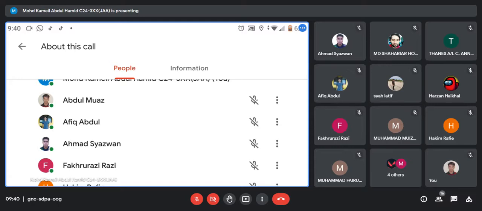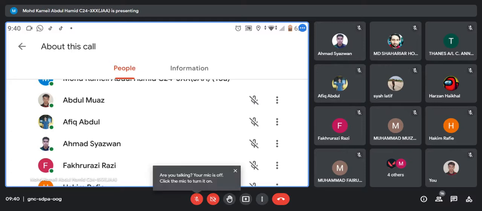Firdaus, Khairul, Abdul Muaz dapat apa jawapan? Dah dapat belum? Please check, tengok apa dapat. Nisha.